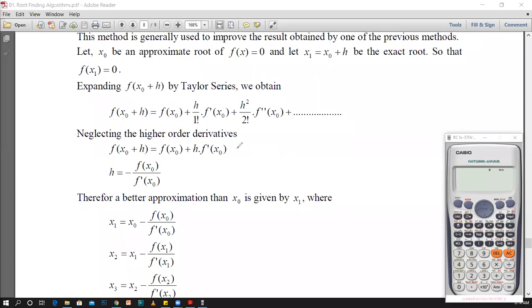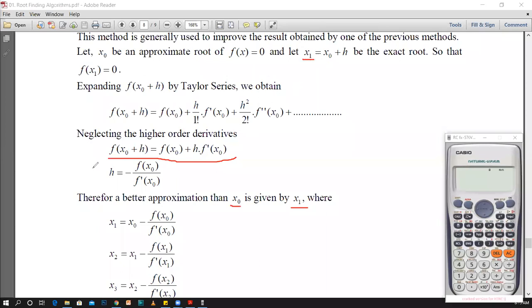Using this equation, we can get h equals f(x naught) divided by f dash x naught. Therefore, for a better approximation than x naught, we can get it by x1, because we have defined x1 as the exact root.